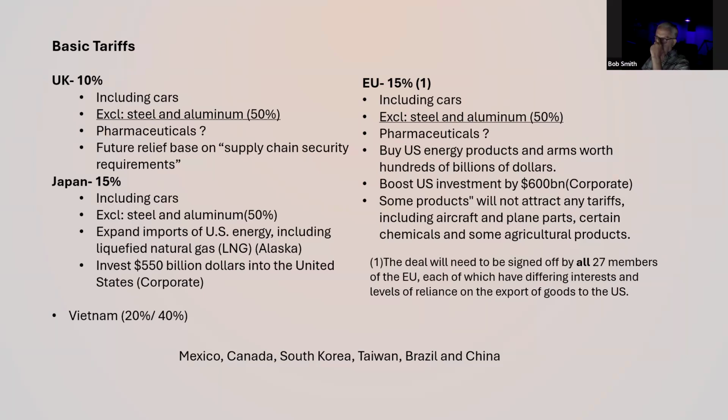We can kind of guess at it, but I'm guessing that if it's opened at all, it'll be a quota system and allow the US to build their pharmaceutical industry. The other key point in these three of the big one is buying U.S. energy products, both in Japan and in the EU, which could be looked at as taking a direct shot at Canada.